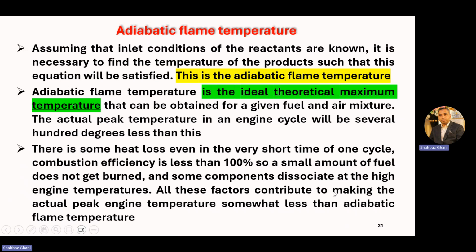All these factors make the actual peak engine temperature somewhat less than the adiabatic flame temperature. So the ideal theoretical maximum temperature will always be greater than the actual flame temperature.